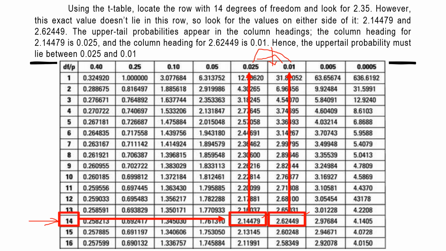If we plot these two values in the normal curve, they will serve as the critical values that we're going to compare to your computed t-value.